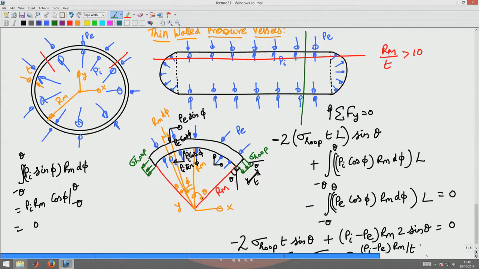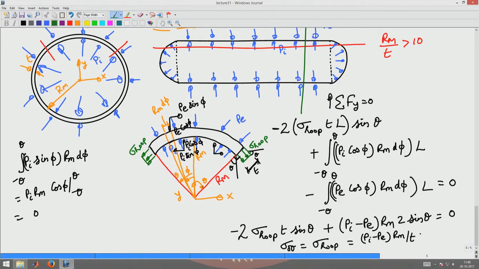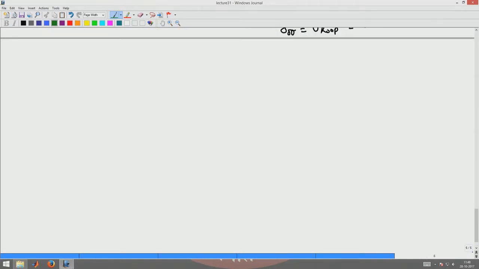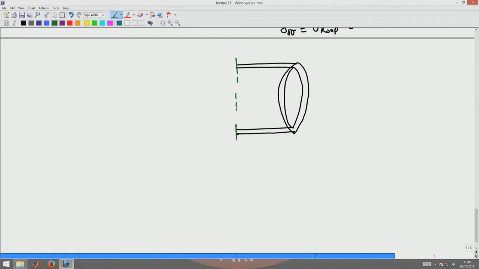Okay. Now let us analyze what happens when I cut the cylinder like that. I cut the cylinder like I showed before, I will get, okay, that is a cut surface.